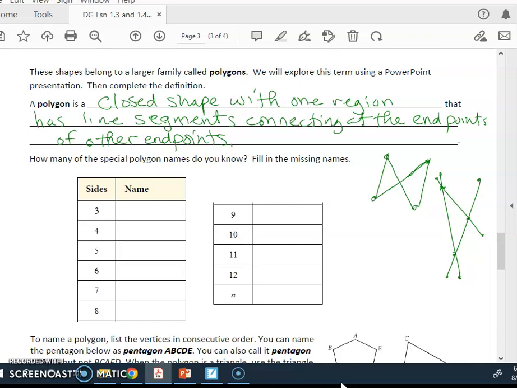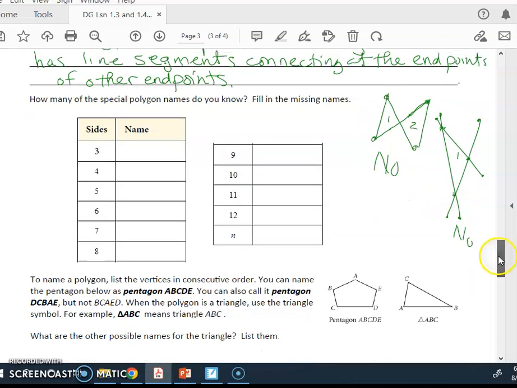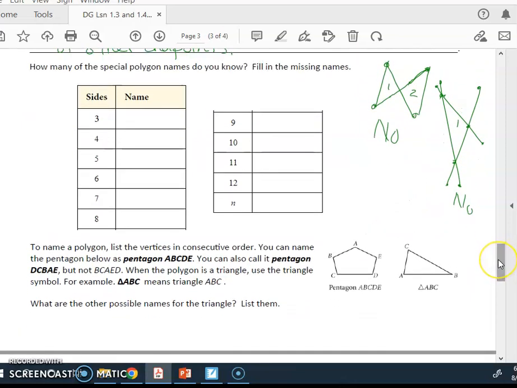So these are both examples of non-polygons. Two regions, one region, but again not connecting to the endpoints. I think there are two definitions that are really difficult to define. I think polygon is one of those, and sometimes just spending time and experience with polygons, differentiating between the yeses and no's, helps better understand at least the idea or definition in your head.